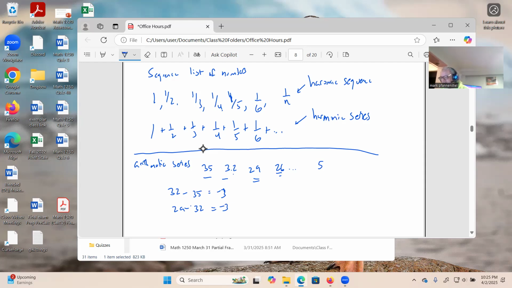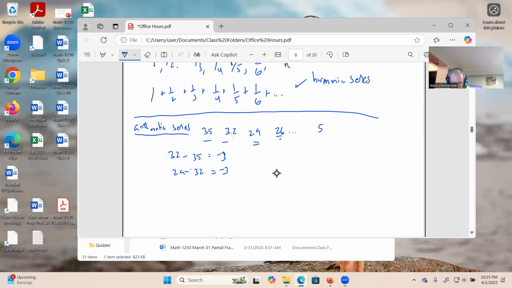It could add a number or subtract a number. So if you have a common difference between any two values where you're adding or subtracting the same thing over and over again, that is an arithmetic sequence, or series rather. We're adding something; we add a negative number, but that's how we figure that out.